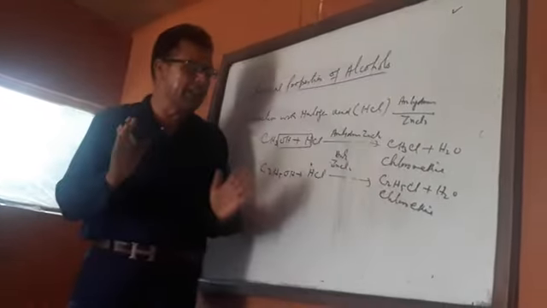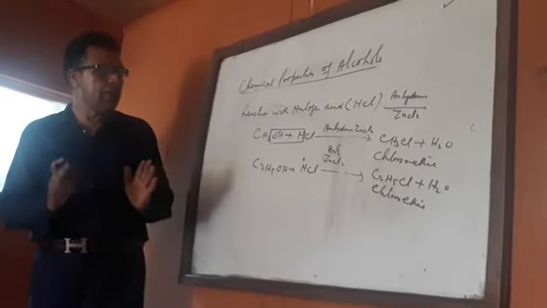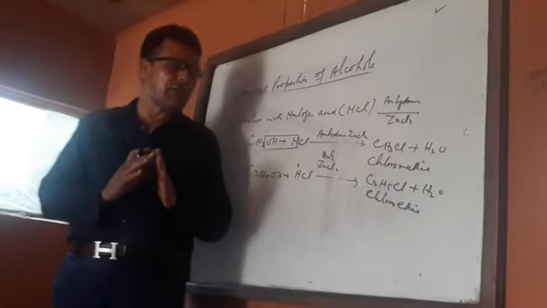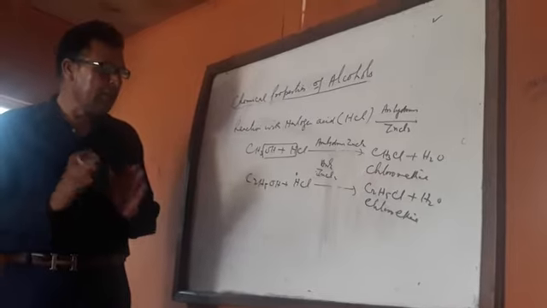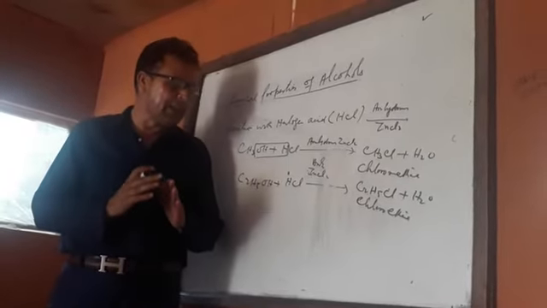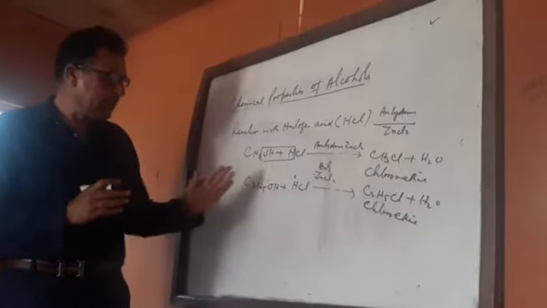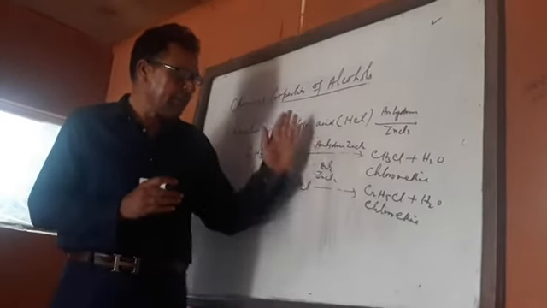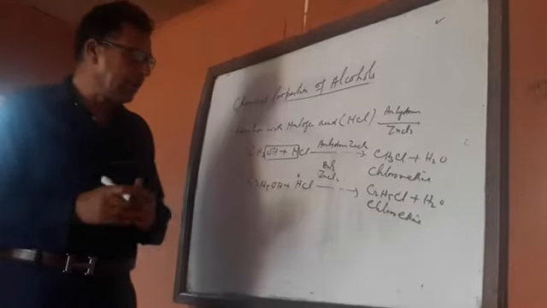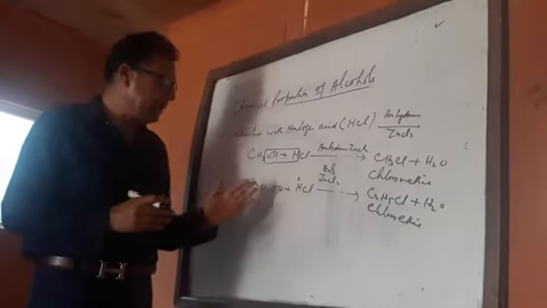These are some of the chemical and physical properties of the alcohols. Tomorrow we will deal with the other properties of the alcohols. So today we will not go forward. तो कल से हम और प्रॉपर्टीज इसकी पढ़ेंगे.